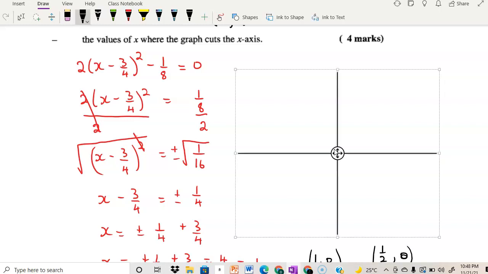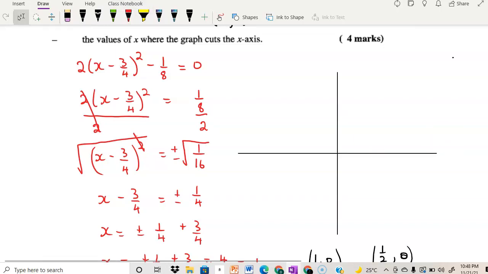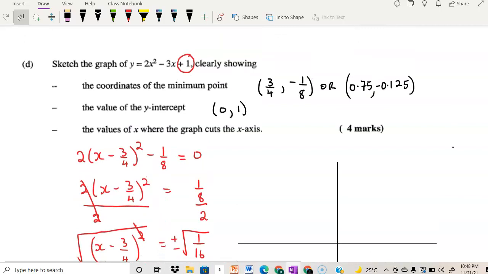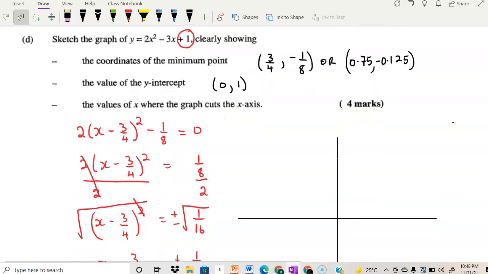Here we go. So our first point is going to be our minimum point, and that is where x is 0.75 or 3/4. So let's go ahead and put on our figures there. That is where x is 1. So we're estimating that x is going to be 3/4 about here. 3/4.